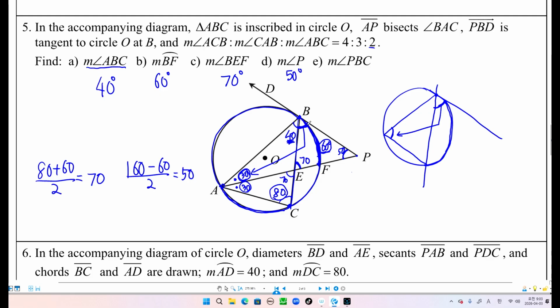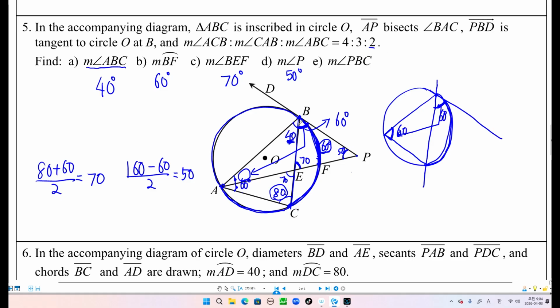So now for this arc, where is the inscribed angle? 60, isn't it? This is just 60 degrees. So the measure of this one equals 60 degrees, okay? Yeah, that's correct. So this tangent-secant angle equals, for this arc, its inscribed angle, right? This is 60, this is just 60, okay?